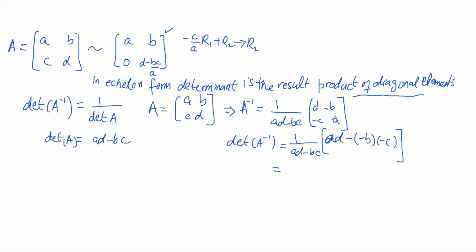So it will be AD minus BC, and that will be 1.